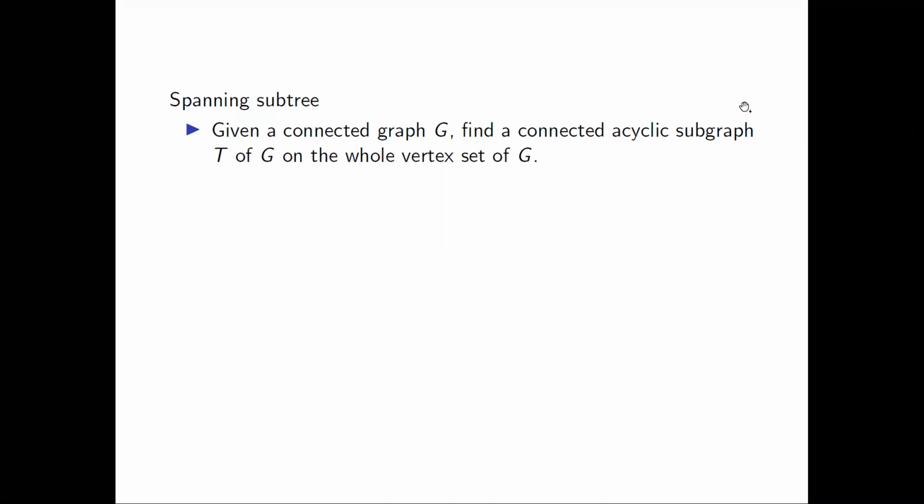So we saw before on the previous slide an algorithm for finding a spanning subtree where we add a vertex at a time. So that's like the vertex adding algorithm. And now for the second one, we're going to see an algorithm where we add an edge at a time.